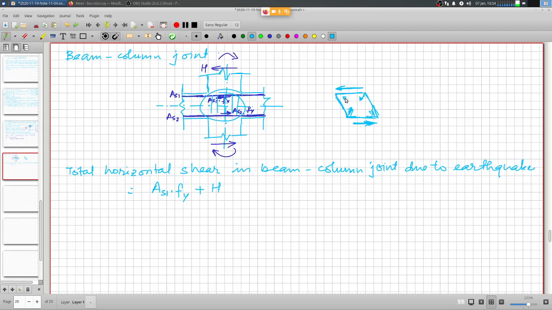We need to provide protection for this beam column junction in reinforced concrete as well as steel buildings. How we do that, we will discuss in our next lecture, tomorrow.